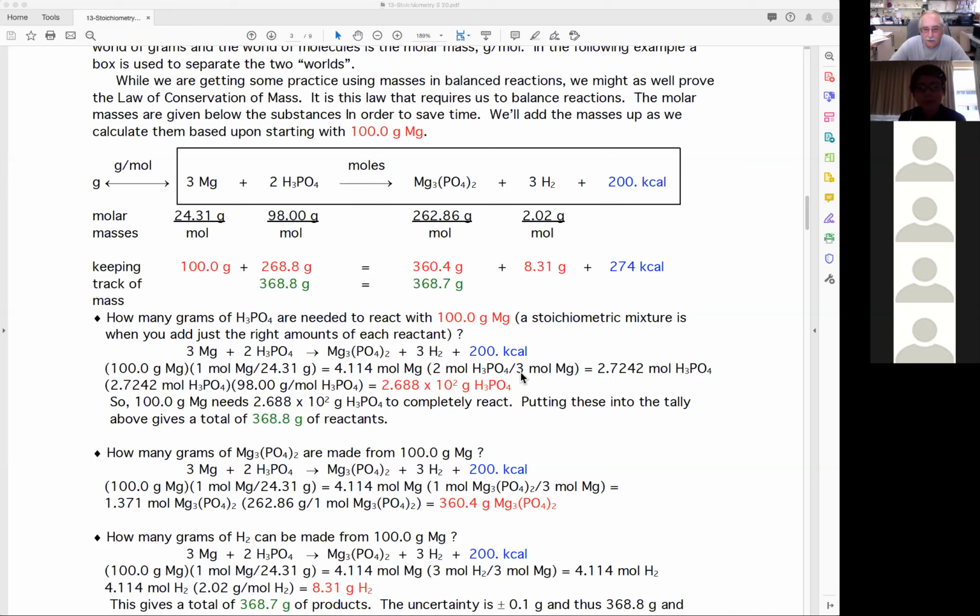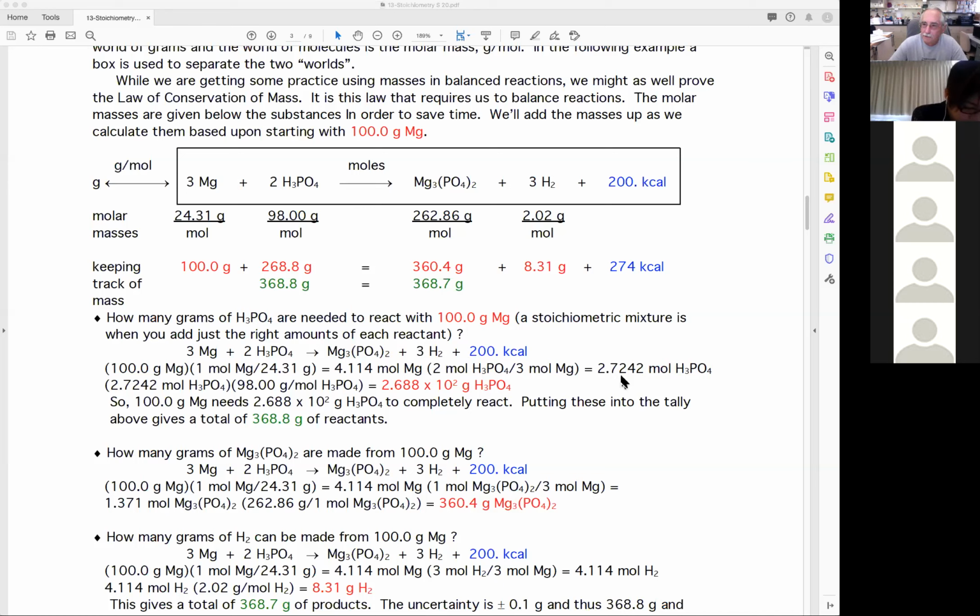So where do I get these numbers? Directly from the balanced reaction. So there's a 2 in front of phosphoric acid, a 3 in front of magnesium. So I get 2.7 moles. That means that to react with 100 grams of magnesium, I need 2.7 moles of phosphoric acid.